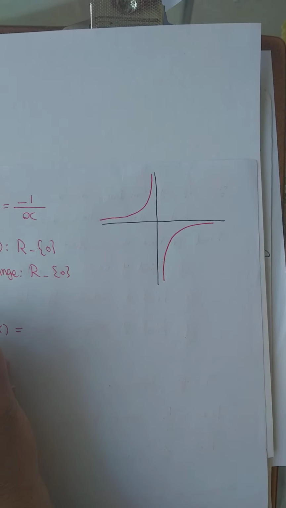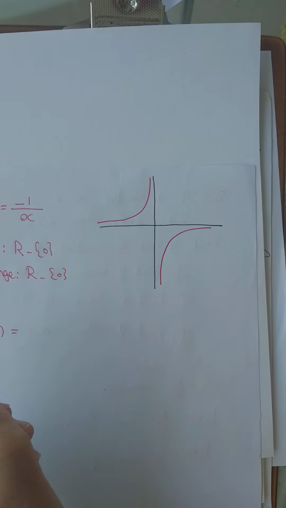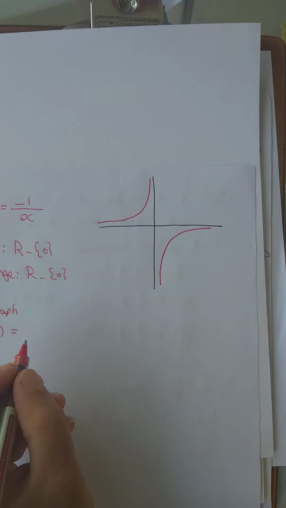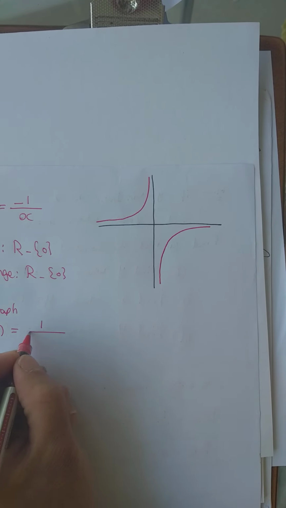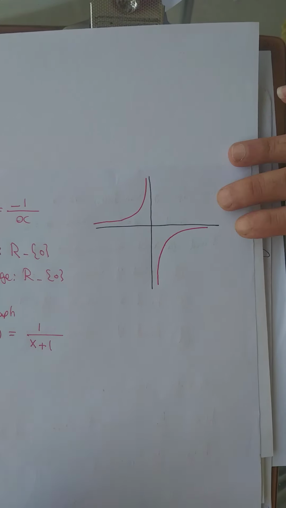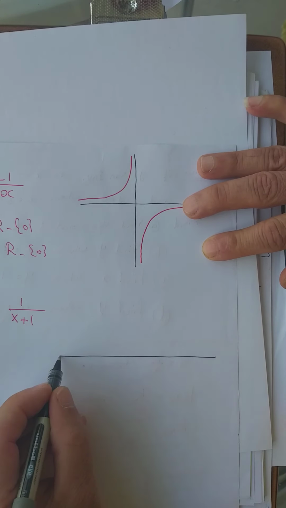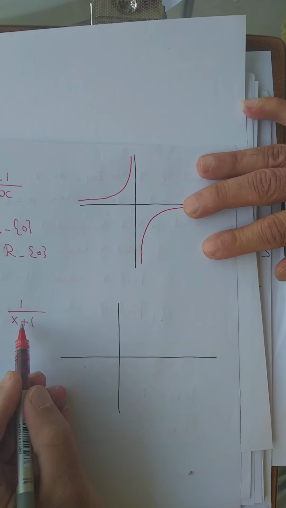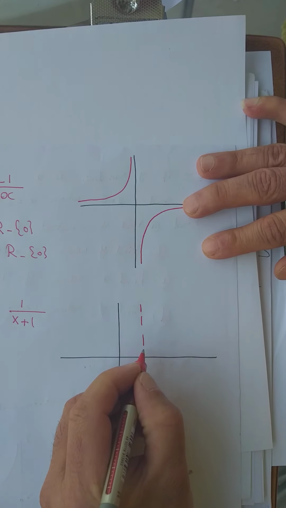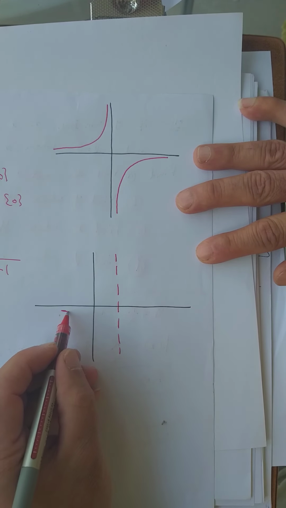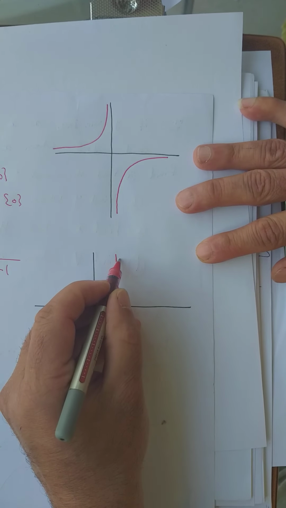Now, another example. Now we graph f of x is equal to 1 over x plus 1. The graph of 1 over x plus 1 has a vertical asymptote. We can put for x any number except minus 1. And then we graph this point and this one.